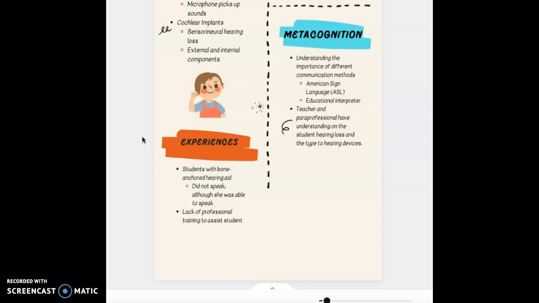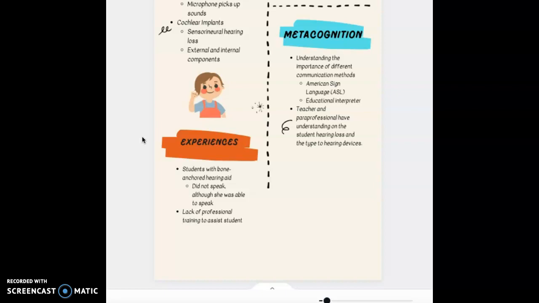With the student specifically, when they had this device, they did not speak, and that was actually very confusing for us because she was able to speak, but with that device we never knew if she was really listening because we didn't know if it was placed appropriately.